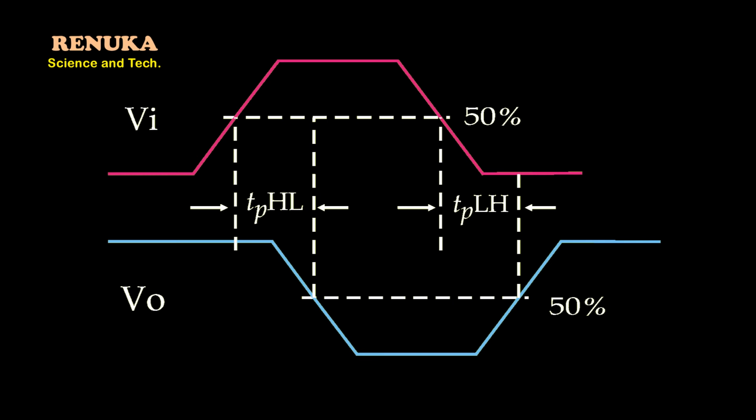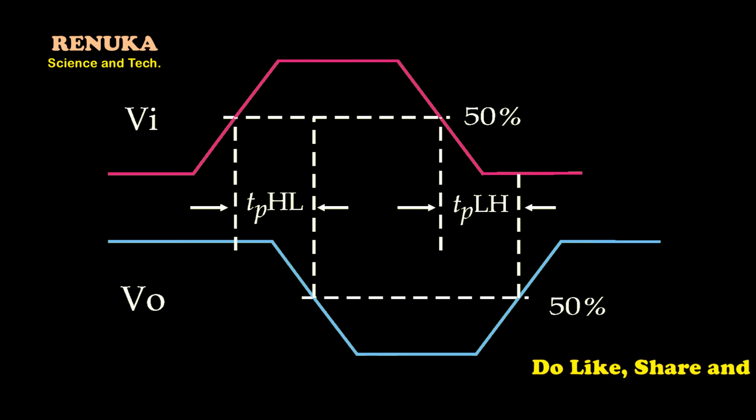Now if the input is changed from 0 to high, that will also take some time to reach the output, so the output will change after some while. It will not happen at the same time. So the output will also take time to change its state. When the input is changed from 0 to 1, the output will change from 1 to 0, and that will also take some time.